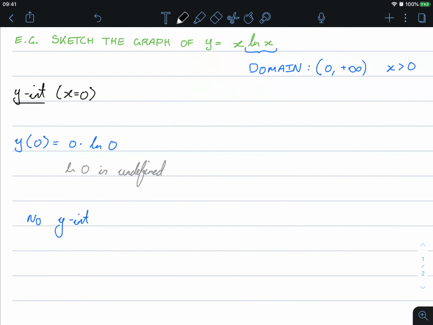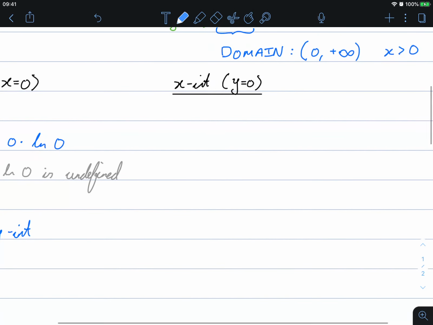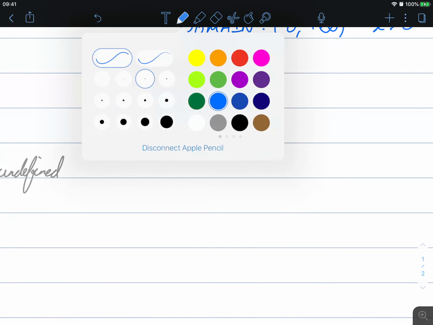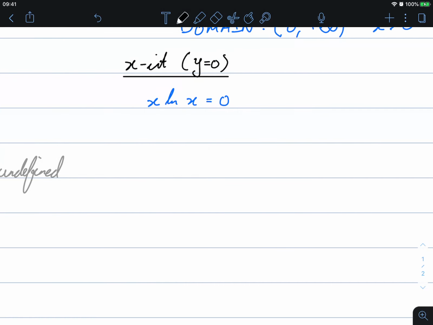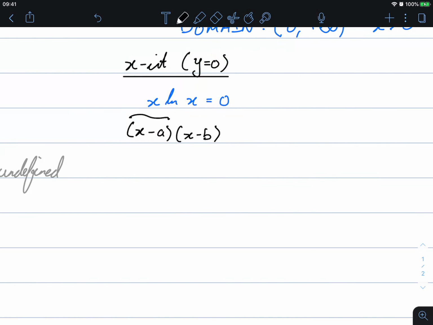Moving right along, let's find the x-intercept now. X-intercept. Hope we know that y is equal to 0. So now we're going to take the expression x ln of x is equal to 0. This may not seem like it, but I hope you can see that this looks like x minus a, x minus b, in that there's two factors.